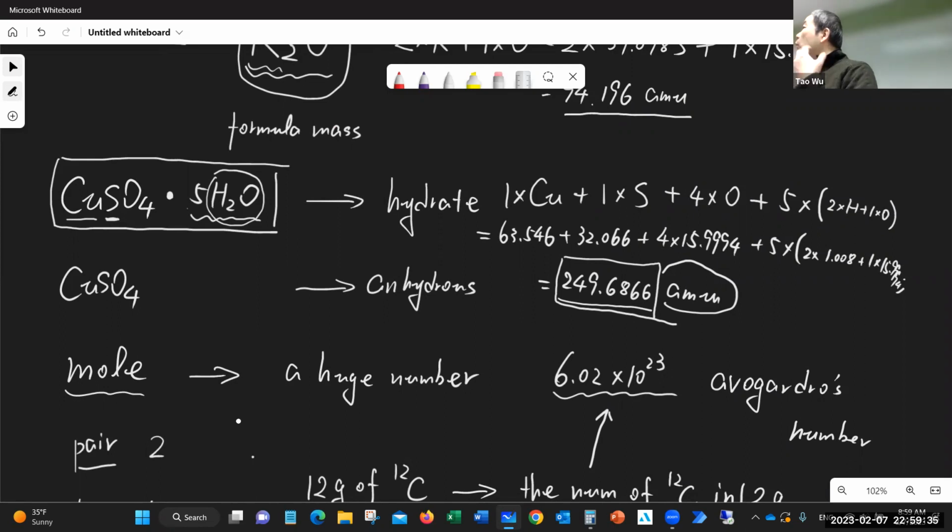And if we have 1 mole of this same compound, then we're going to have a mass of 249.6866 gram. So that is the beauty of the Avogadro's number.